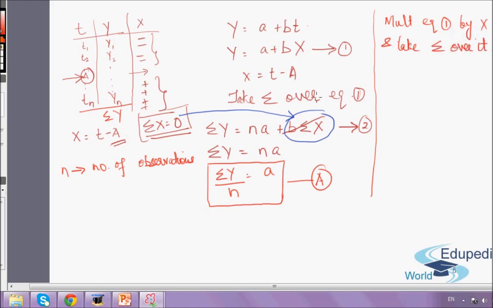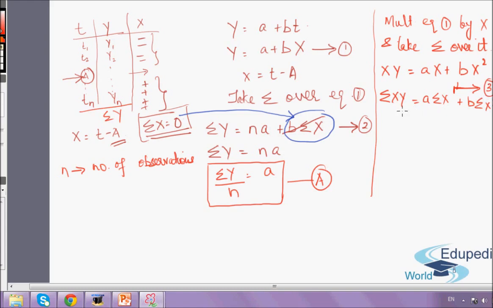So when we multiply the equation with x, we will have x times y equals a times x plus b times x square. Let me take summation over it first, and then we will call it equation number 3. So when we take summation of this, we'll have summation xy equals a times summation x plus b times summation x square, and this would be called our equation number 3.